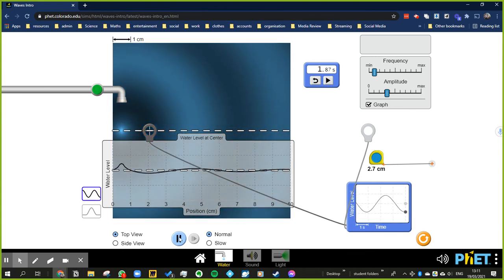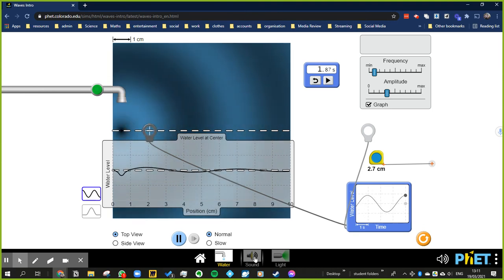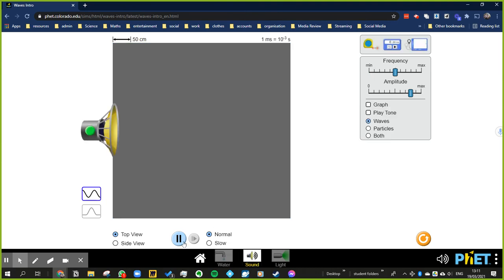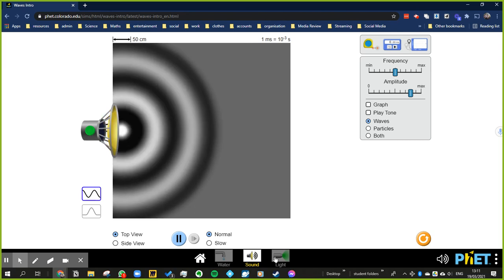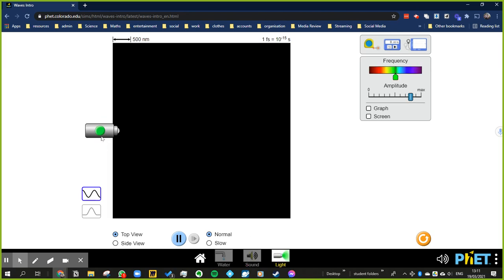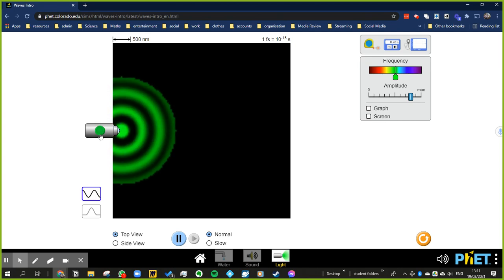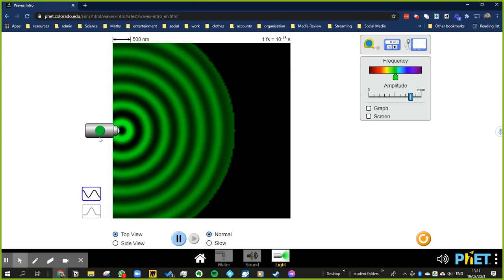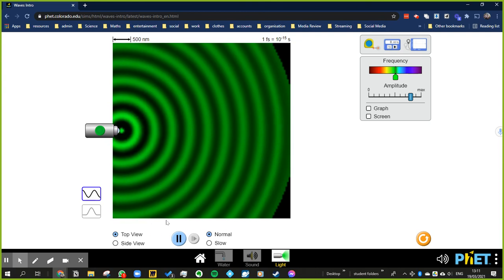I'll briefly wrap up the video just to show you that with sound you can do the same thing as well. You can experiment with that, and you'll find it's very similar. It's basically showing the parallels. And with light, that's not the way that we see light, but that is the way that light is, believe it or not.